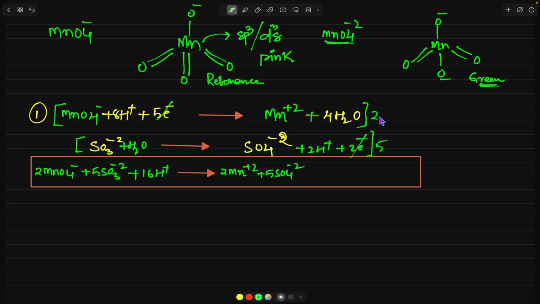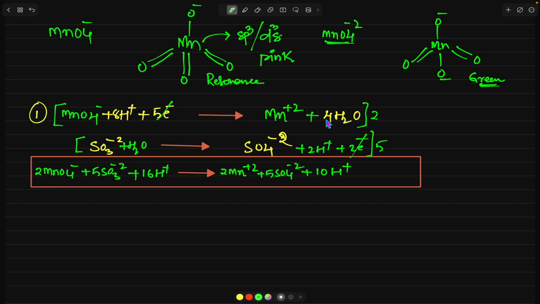So here 16 H plus. So here you have how many? 5 2s are 10 moles of H plus ions are here. So this is how the balanced reaction looks like.